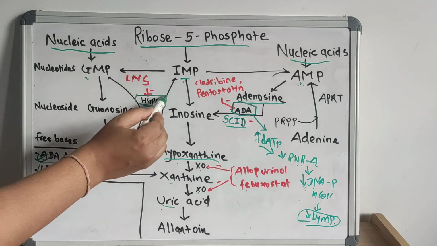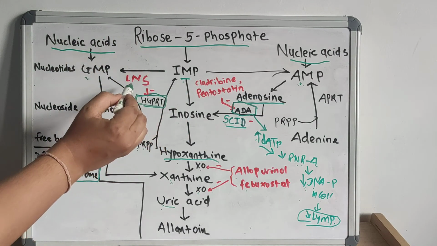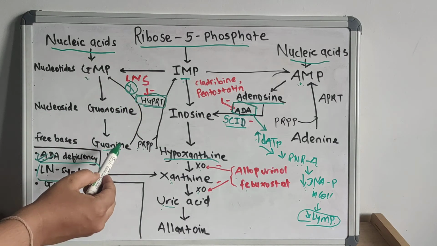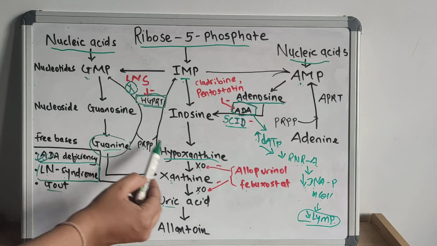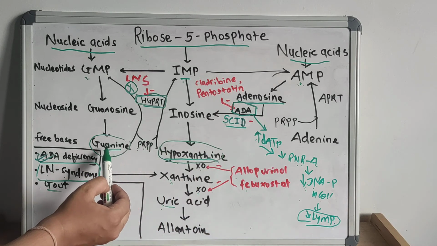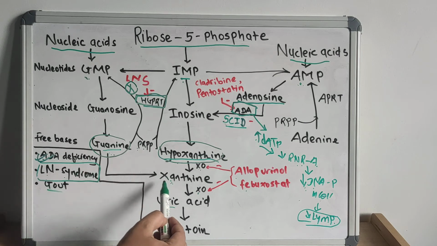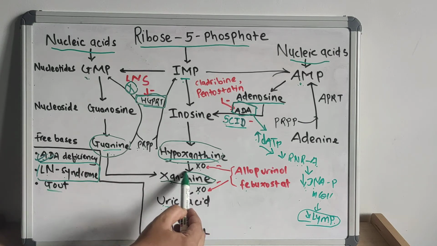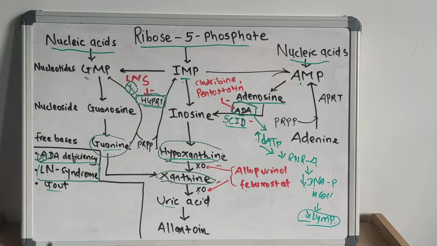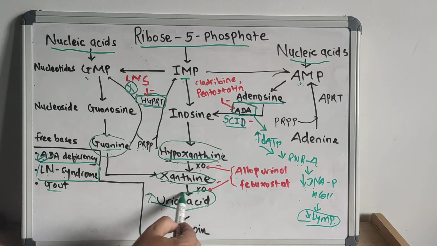So if the HGPRT enzyme is lacking, there is more production of guanine and hypoxanthine. That leads to more production of xanthine, and ultimately more production of uric acid. So there will be hyperuricemia in Lesch-Nyhan syndrome.